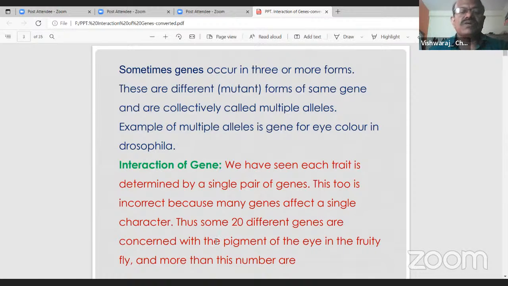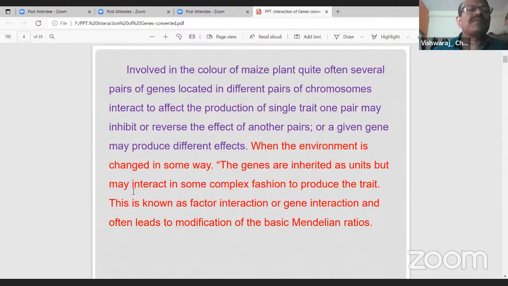Thus, some 20 different genes are concerned with the pigment of the eye in the fruit fly, and more than this number are involved in the color of the maize plant.